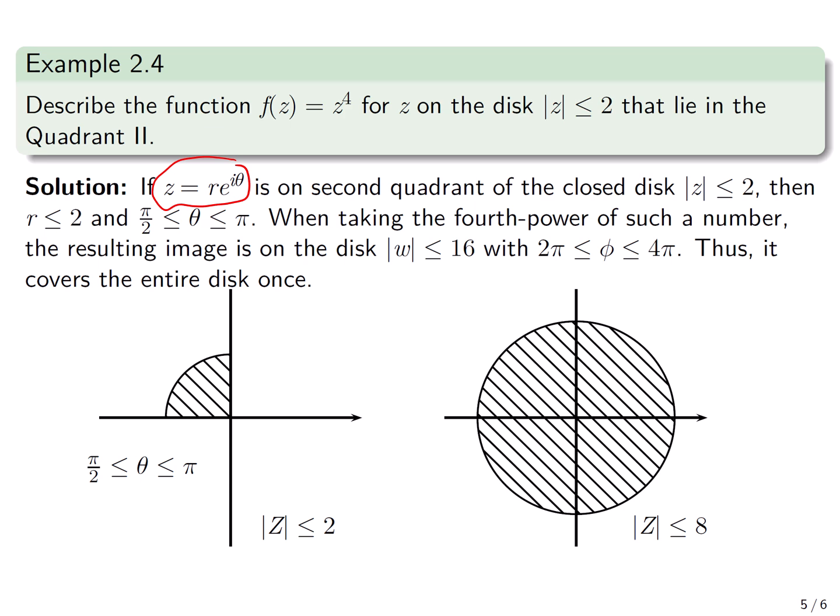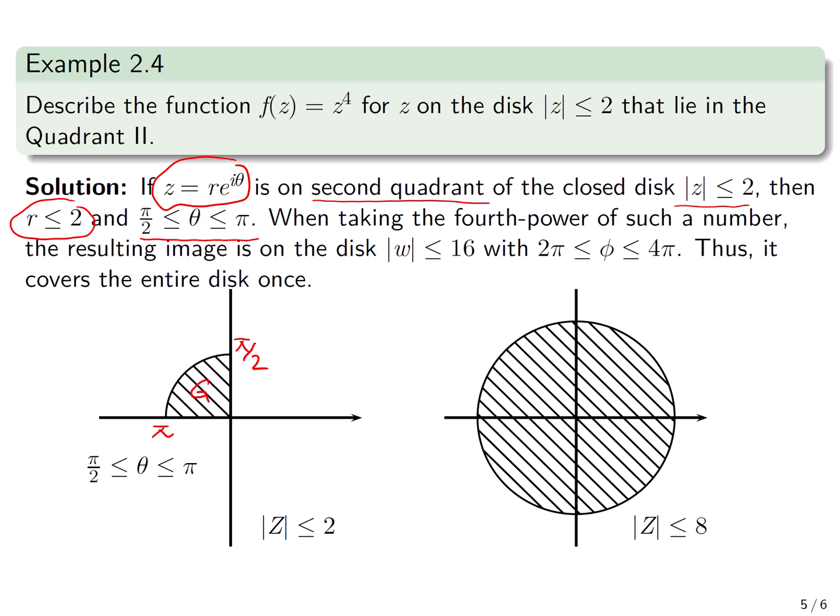If you pick a z value, which is r e to the i theta, on the second quadrant of the disk with absolute value of z less than or equal to 2, then r is less than or equal to 2 because it's a closed disk, and theta starts at pi over 2 all the way up to pi. That is the domain G we are talking about.